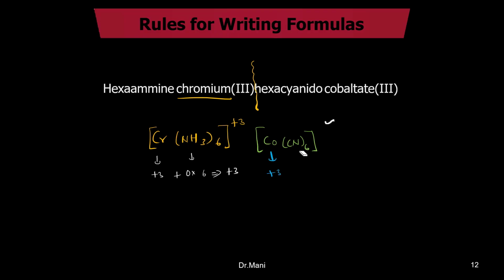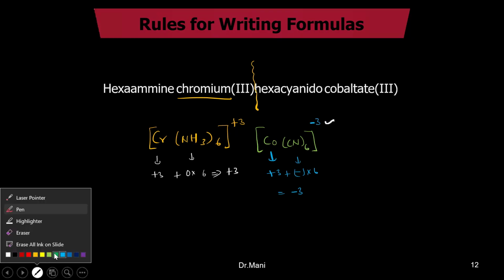And what is the charge of the CN? It's -1. So this will be plus -1 into 6. So what will be the net charge? +3 minus 6, that will be -3. So you see here, the +3 charge is balanced by the -3 charge.